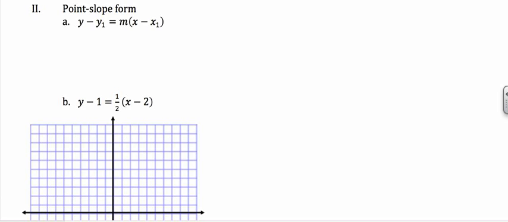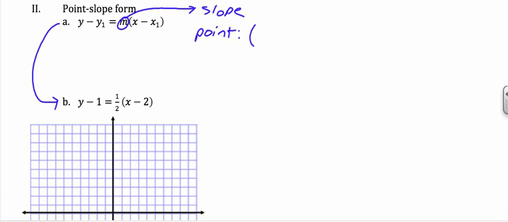Okay, so the format looks like this, and if you want to see what this looks like with actual numbers in here, you can look ahead at B. So in place of y1, x1, and m, you'll have numbers. So again, m is the slope, and the point on your graph is going to be at x1, y1.